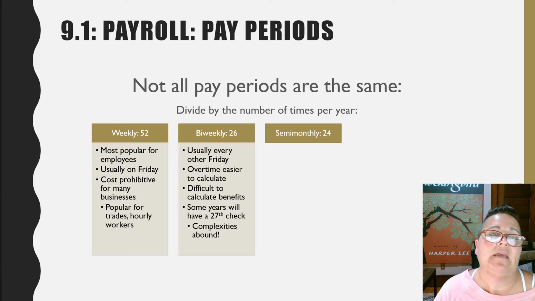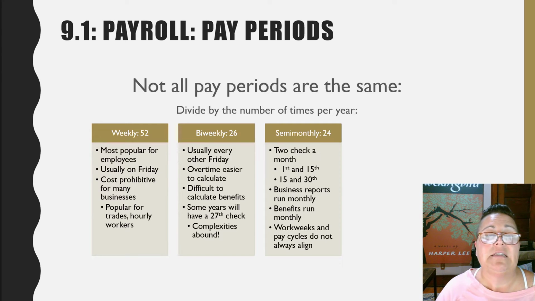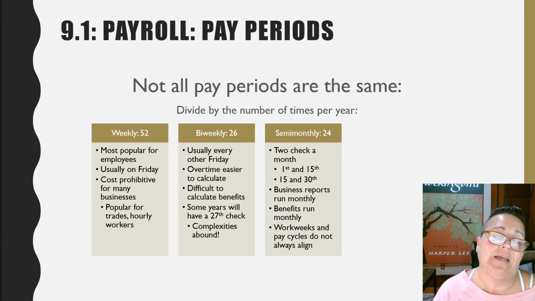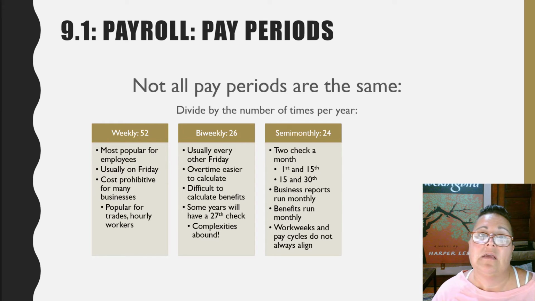Semi-monthly is a pay structure where you receive 2 paychecks a month. This is 24 a year, or 2 times 12. Those paychecks generally occur on the 1st and the 15th, or on the 15th and the 30th. This is most convenient for businesses because the reports in a business are generally run monthly.